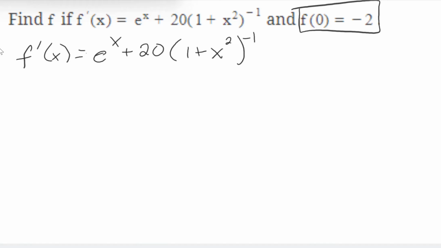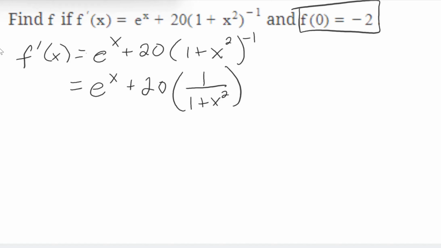All right. So let's clean this up a little bit. We're going to get rid of that negative 1. All I did was get rid of the negative 1 and made it a fraction.